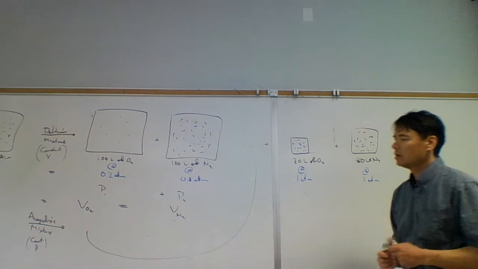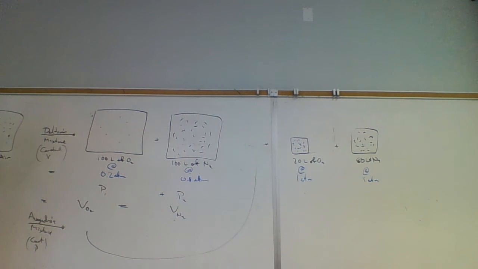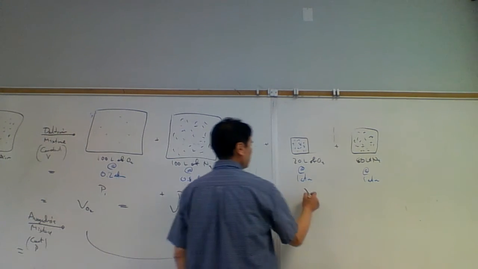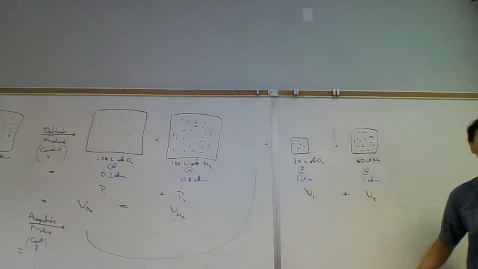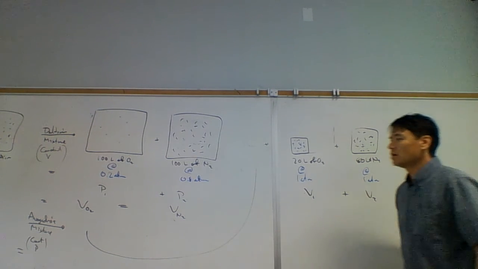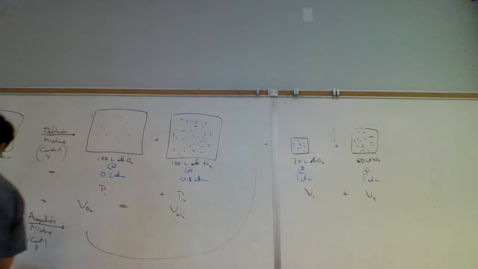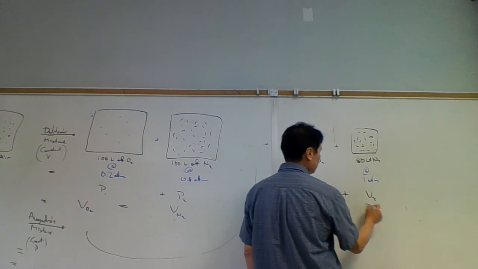So we have Avogadro's law. Avogadro's law says that V total is equal to V1 plus V2. So 20 liters plus 80 liters makes 100 liters. But Avogadro's law also says that P for air is equal to P for O2, which is equal to P for N2.